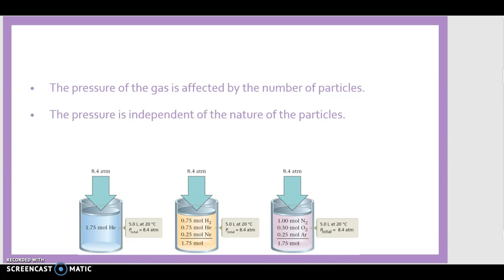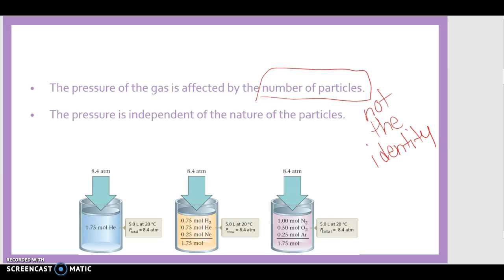When we talk about the pressure of different gases, the pressure of the gas is affected by the number of particles, not the identity. Meaning it doesn't matter that it's helium, it doesn't matter that it's oxygen. What matters is the number of particles.